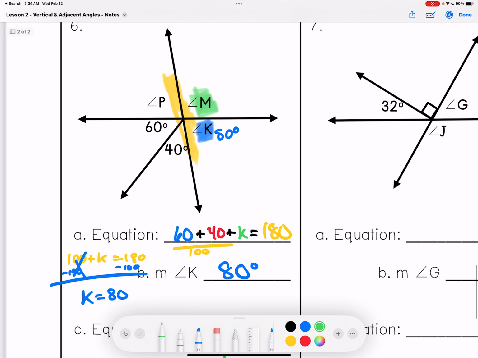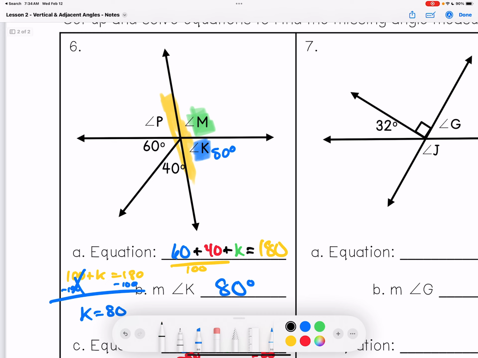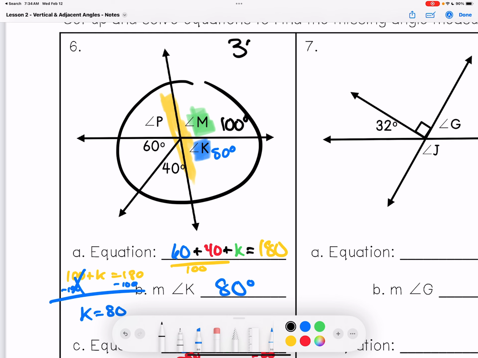Now, they didn't ask for P, but let's go ahead and find P because we can. If this was 100, I told you the whole thing equaled what? 360. So now all you need to do is add them all up and then subtract from 360, and then you'll find P. Watch.